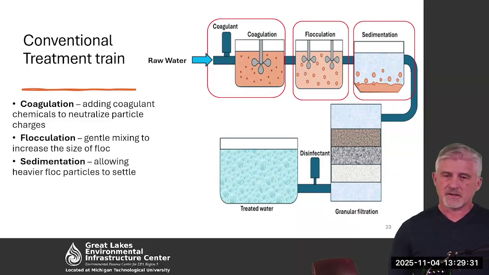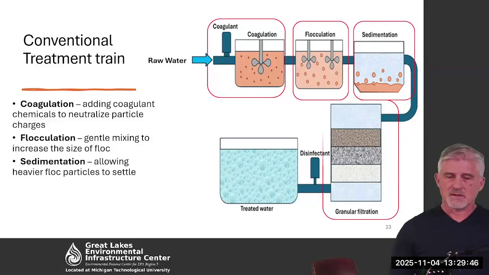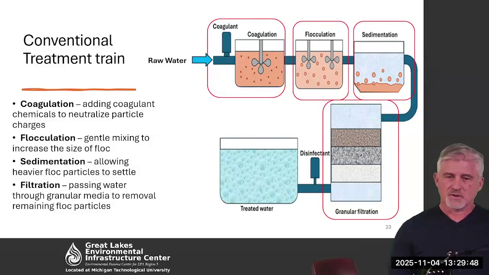So the idea is we've taken all these particles, made them stick together, they get heavy, we've slowed down the flow, and most of them drop out. And then the final thing that we do is filtration. We'll also do disinfection, but this is the last step where we're looking to take particles out.